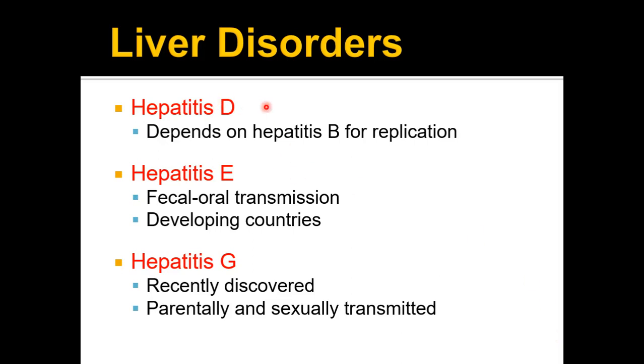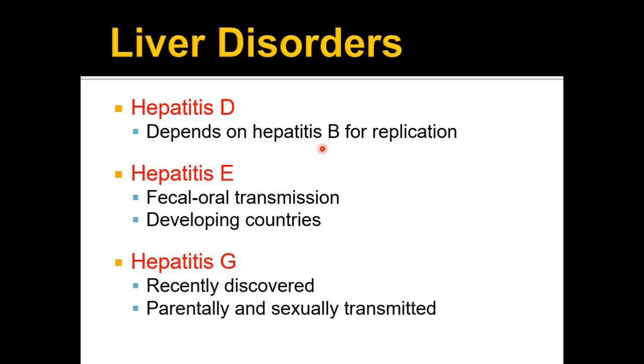These other types of hepatitis, D, E, and G, I'm not going to spend very much time on. Hepatitis D is unique in that it requires a co-infection of hepatitis B. So no one's going to get hepatitis D just by hepatitis D. They have to already have hepatitis B, which doesn't happen very often.